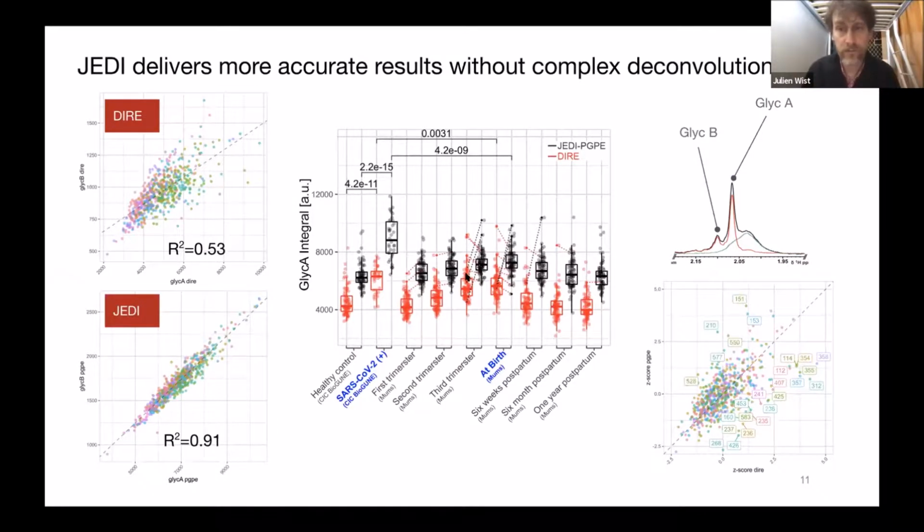If we look at the center panel, we can see the box plots obtained. In that case, red means DIA, black means the GDI information. In the first four box plots, we see again the healthy controls versus the infected patients.